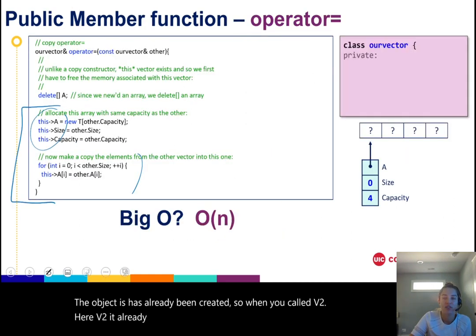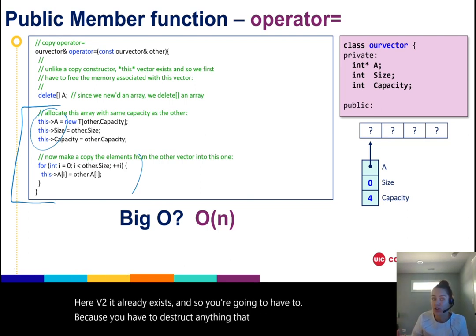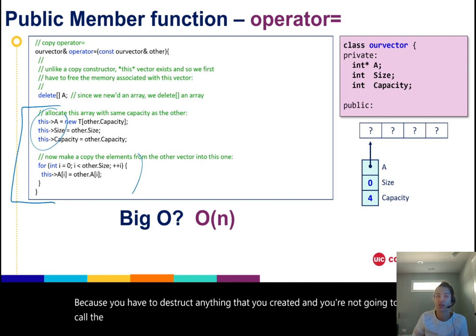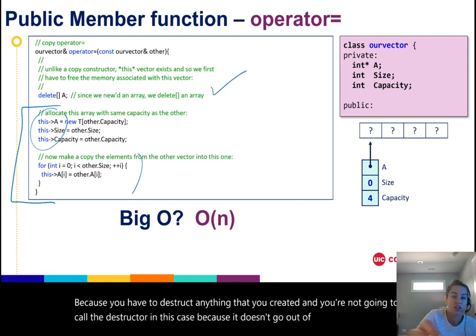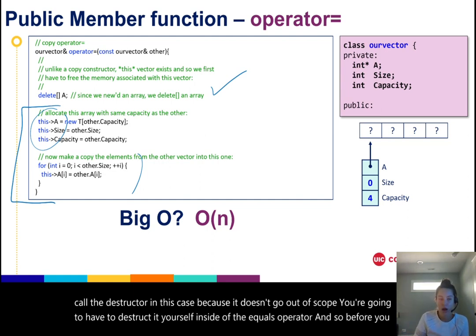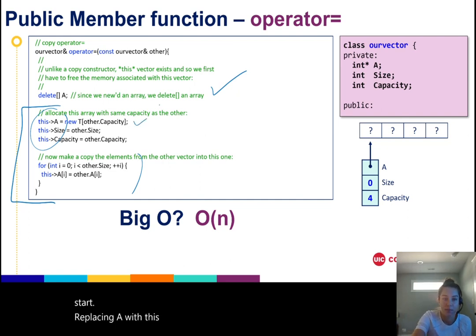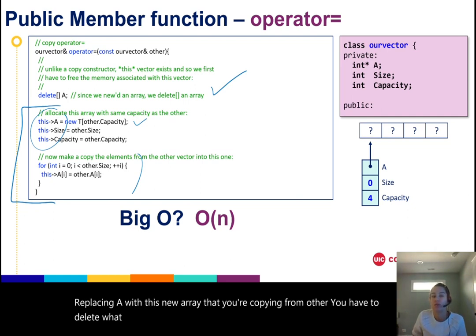Because you have to destruct anything that you created, and you're not going to call the destructor in this case because it doesn't go out of scope, you're going to have to destruct it yourself inside of the equals operator. Before you start replacing A with this new array that you're copying from other, you have to delete what A used to point to.